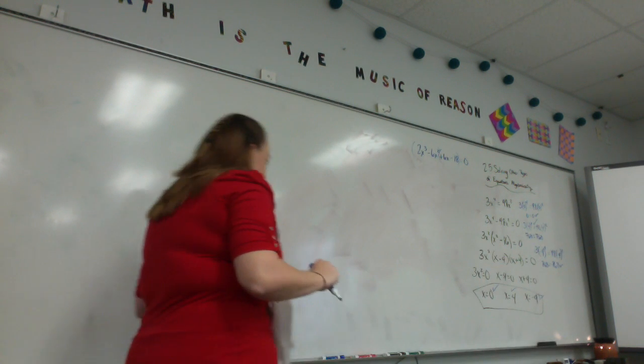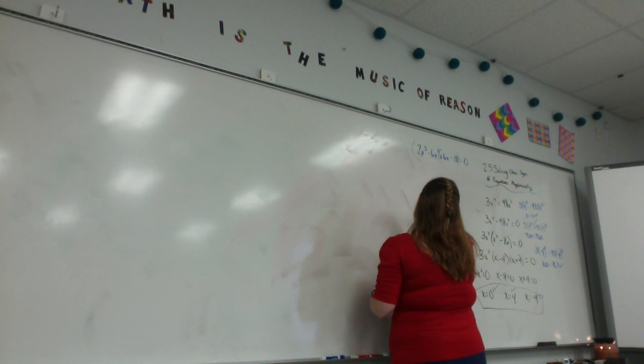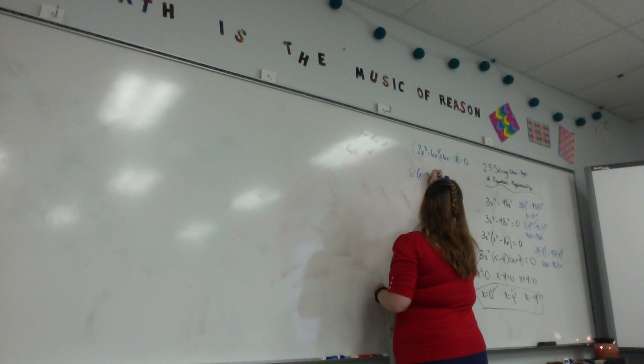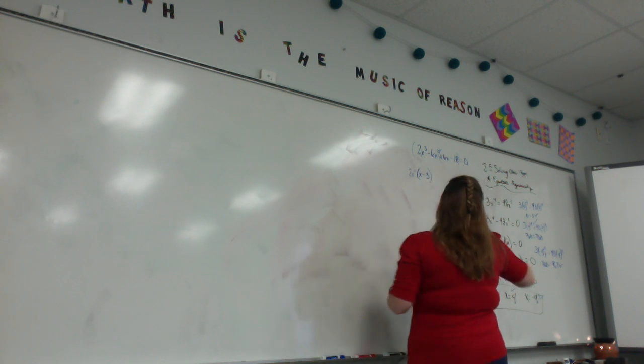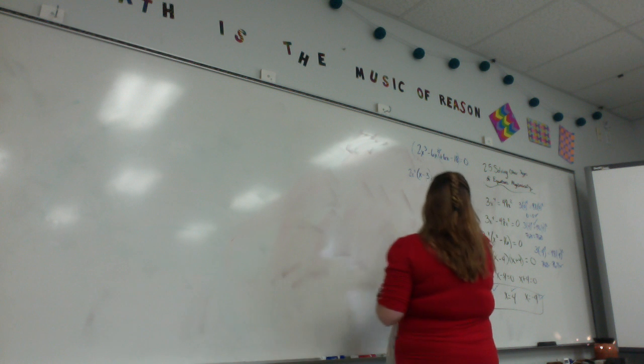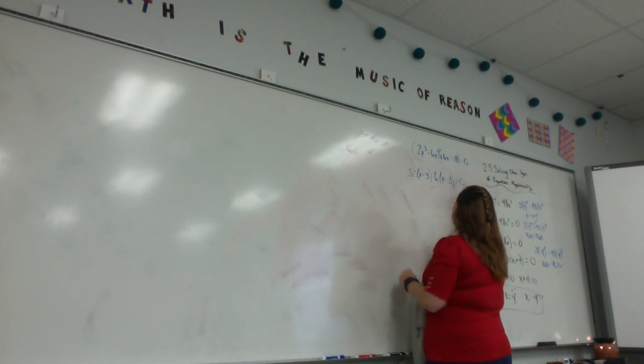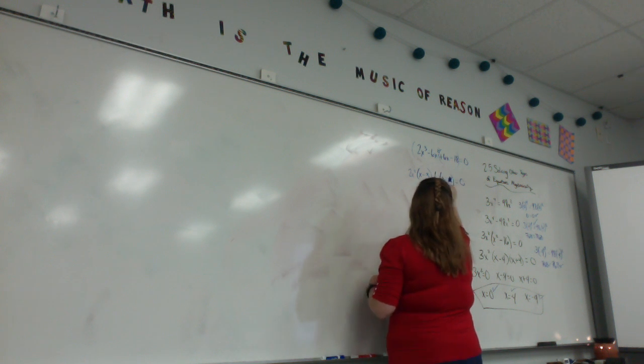What can come out of 2x cubed minus 6x squared? 2x squared, giving me x minus 3. What can come out of 6x minus 18? 6, giving me x minus 3. I know I have grouped this correctly because these are the same.